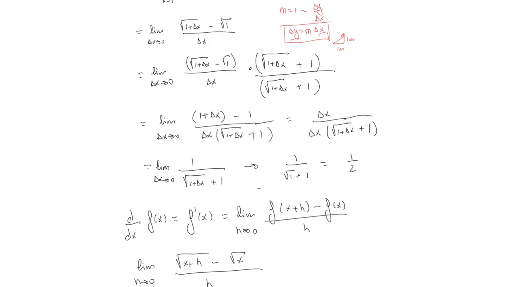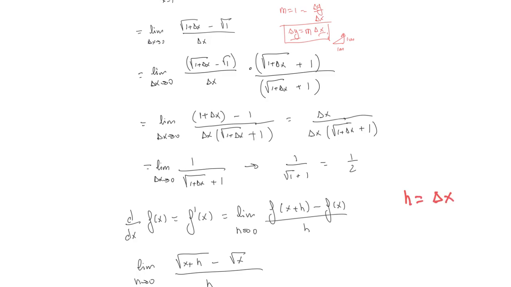We can do it in a general way, with x not fixed at x equal 1, but any x. So we use the definition of the slope. The h is the same as delta x. So wherever you see h, you can write delta x.